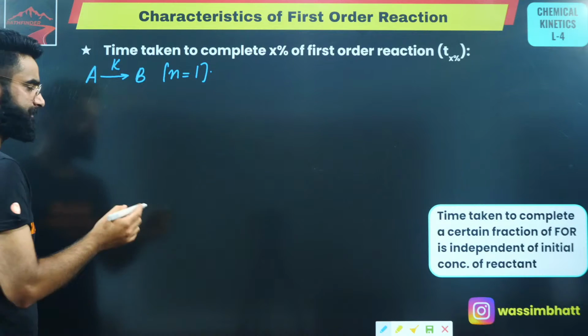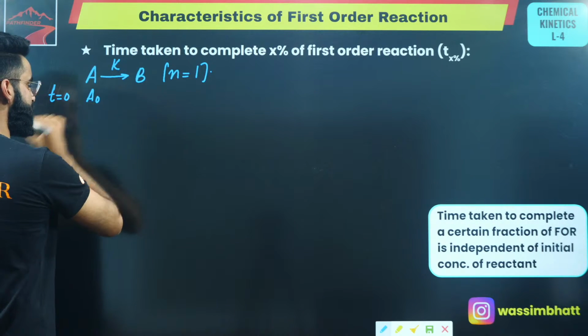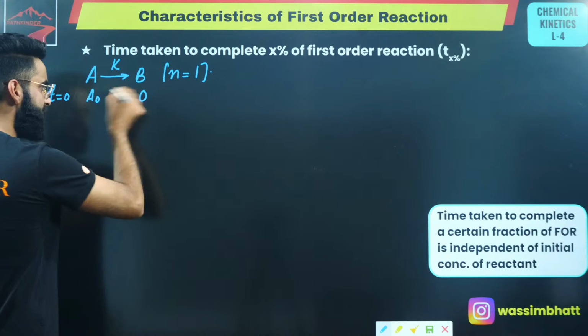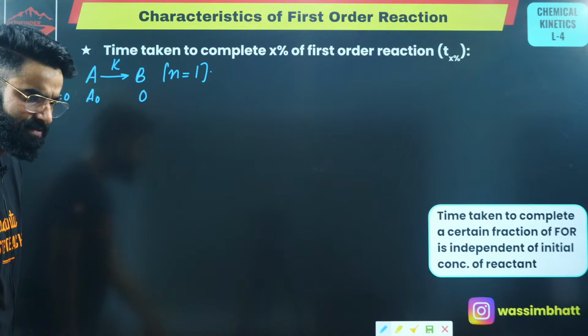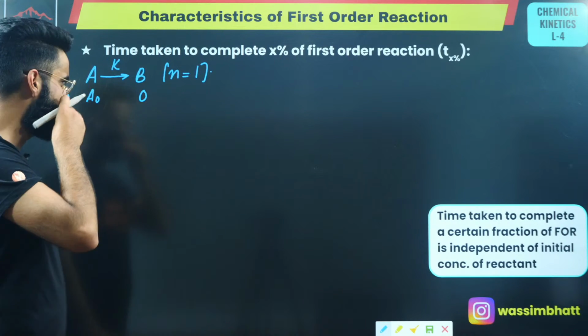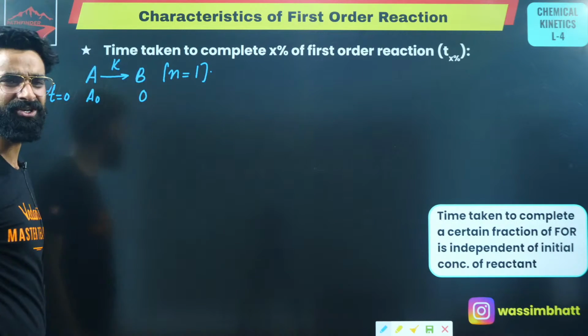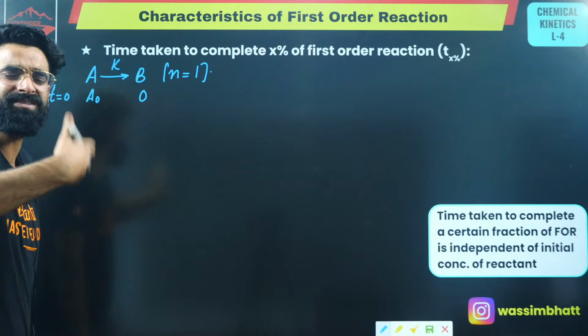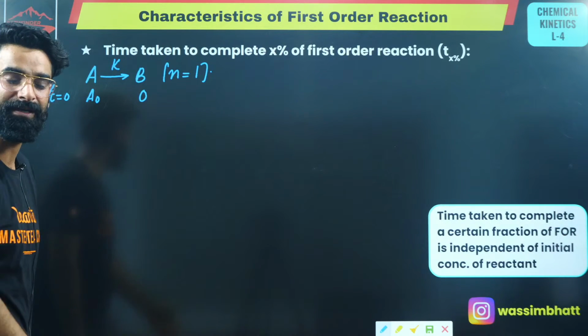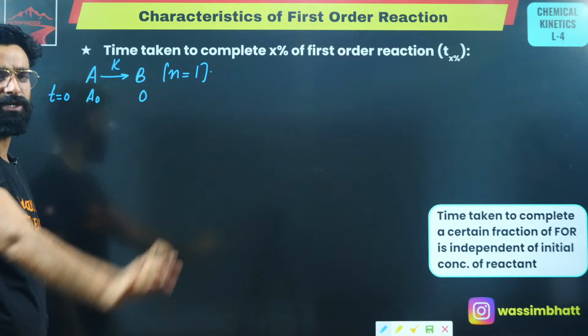At time t equal to 0, for example, the initial concentration of reactant is A naught. The initial concentration of product will be 0 because the reaction has not started yet. Now, let's assume X% of the reaction is getting completed. What does that mean? That simply means X% of the reactant is getting converted into the products.